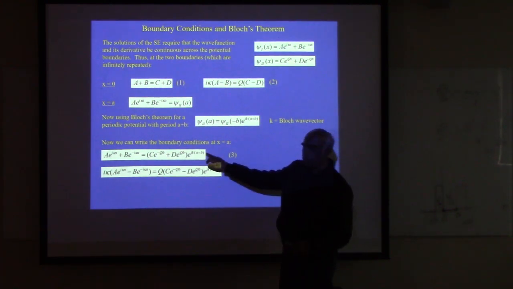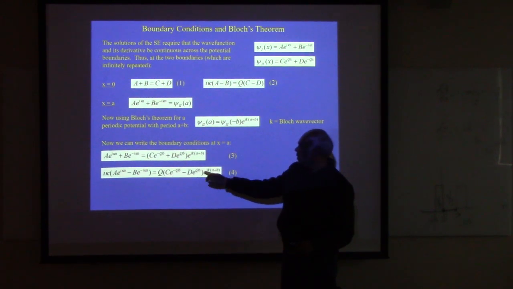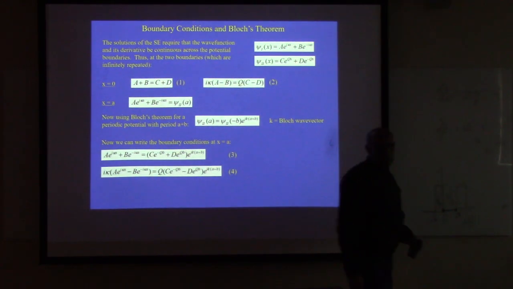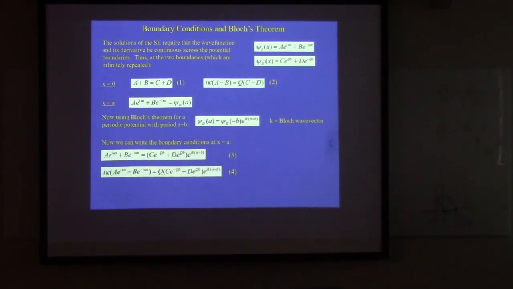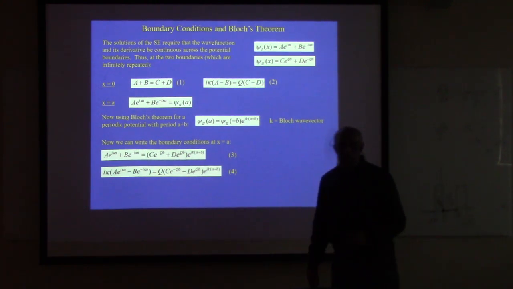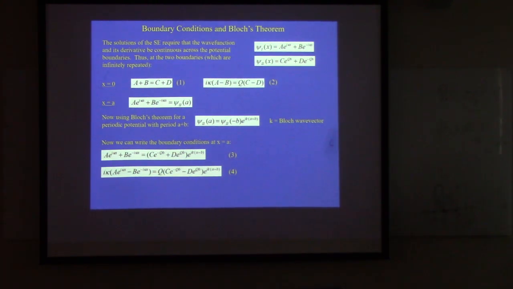This comes from the wave function continuity, and this comes from the continuity of the derivative. Okay, that's it. So you have 4 equations now, and you know how to solve the 4 equations. You have these coefficients A, B, C, D.